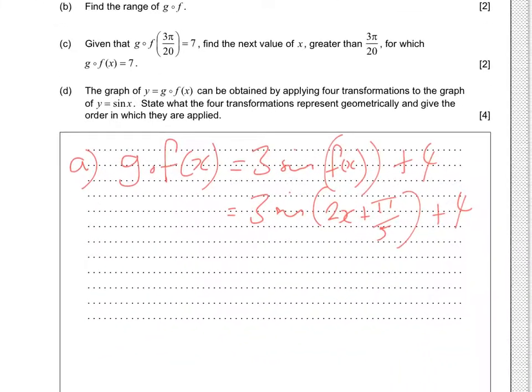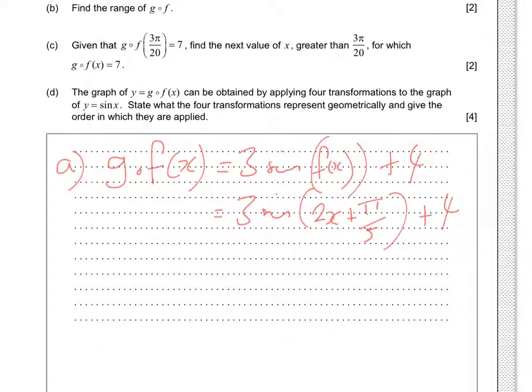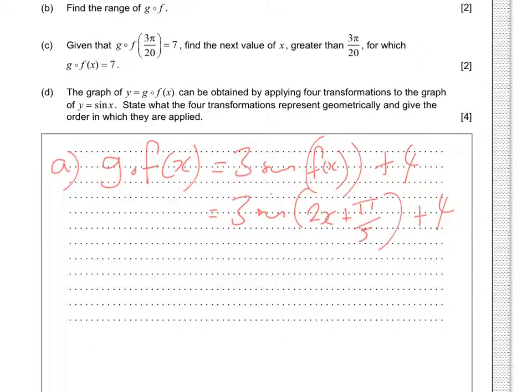Find the range of g of f of x. So the range of g of f of x is, well, this bit, in fact, maybe not even that bit. What about this sine function, underlined in purple?